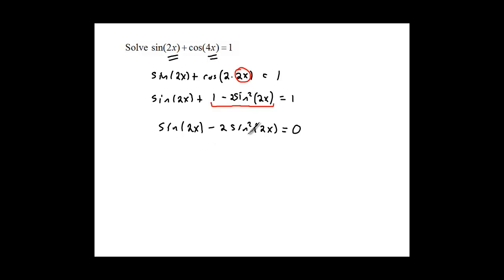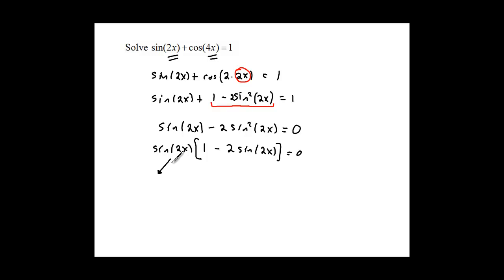So to factor this, I have a common factor of sine of 2x. I'll factor that out. Sine of 2x times 1 minus 2 sine of 2x is equal to 0. And then from here I can use the zero product property, and I'll actually end up with two different equations.